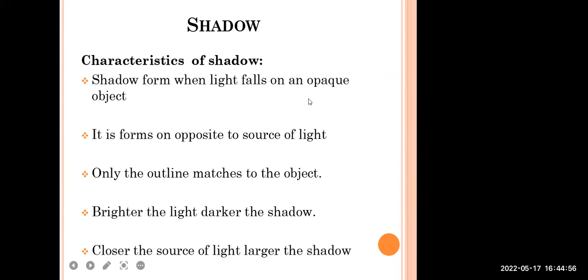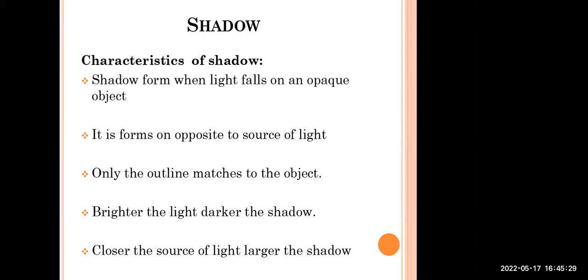A shadow forms when light falls on an opaque object; necessarily the object should be opaque. It forms on the opposite side of the source. Now, in the previous figure, which shows the sun, the sphere, and the screen, if we change the position of the source, that means the sun will be towards the right side, the object is in the middle, and if we have a screen on the left side, then we will get a shadow of the sphere on the left side, right?